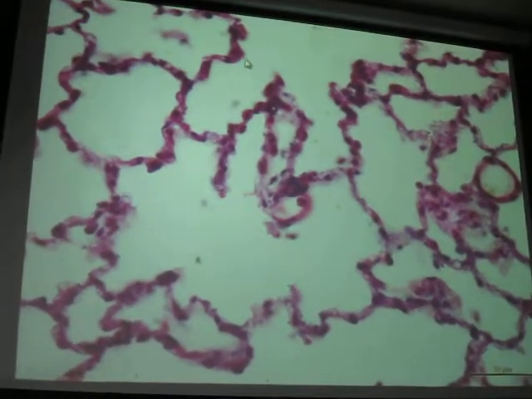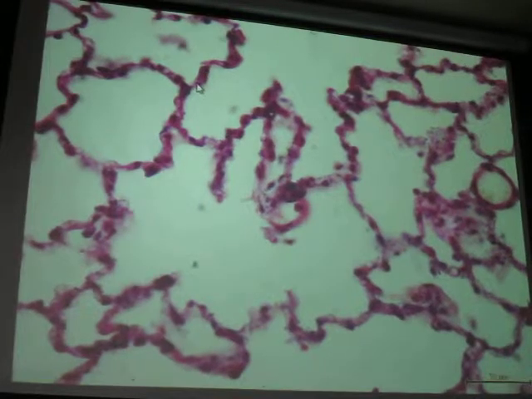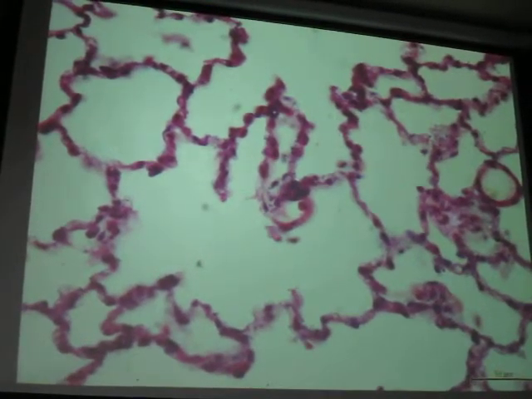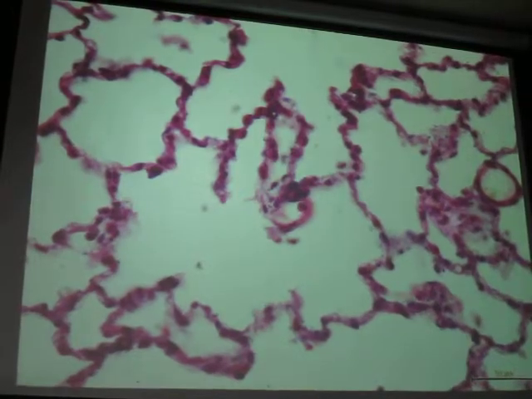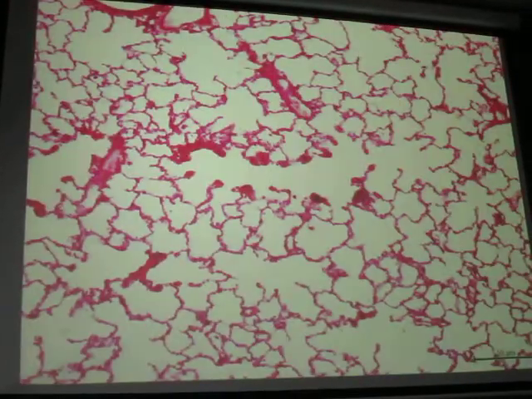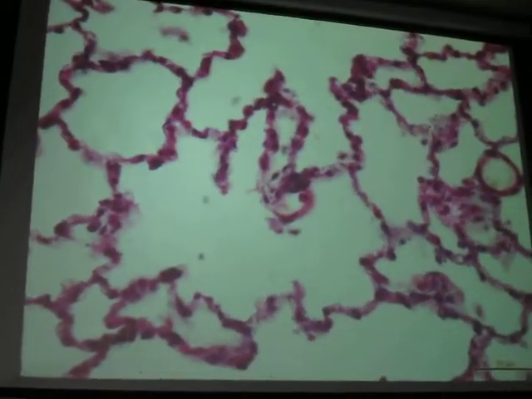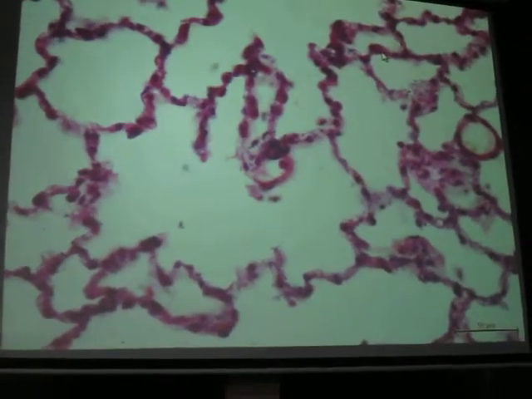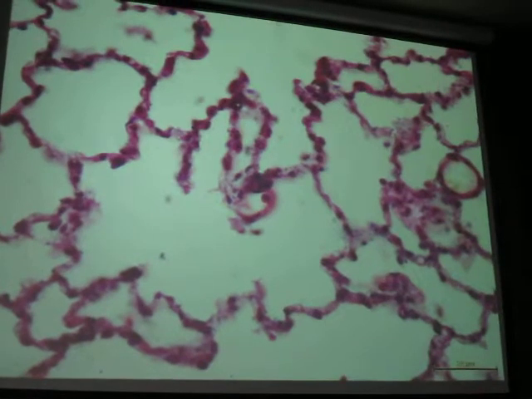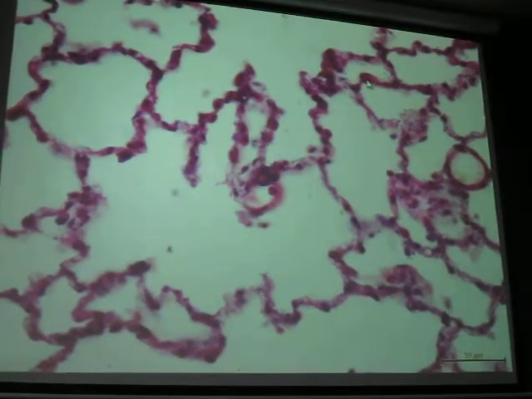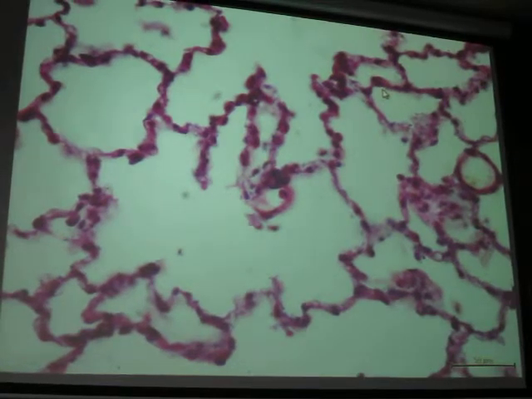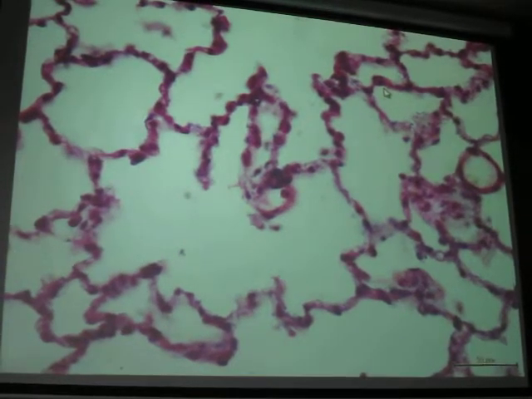The flat cells that line the alveolar wall are which cell? Type 1. Okay, the plump cells, type 2, like this. The plump cells that are lesser in number are the type 2.